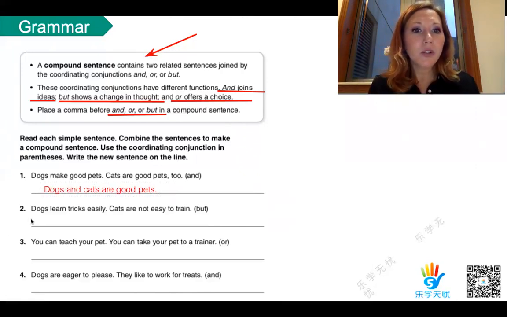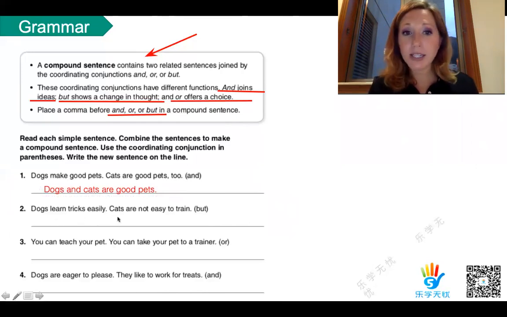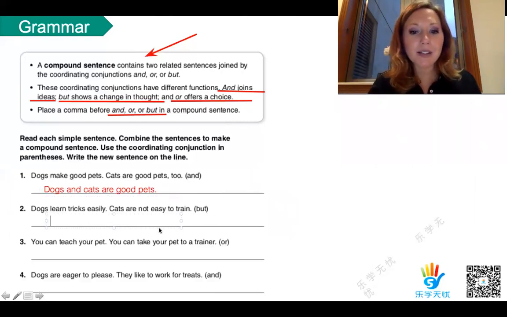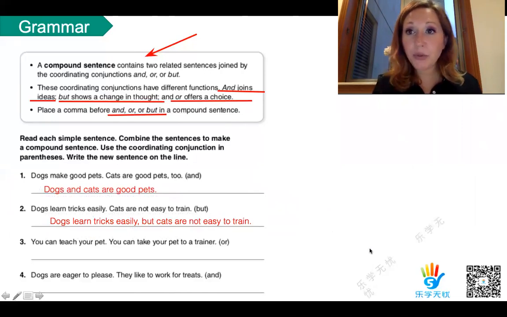Next, dogs learn tricks easily. Cats are not easy to train. Now, this is showing us a change, so we're going to use but. Dogs learn tricks easily, but cats are not easy to train. Number 3, you can teach your pet.